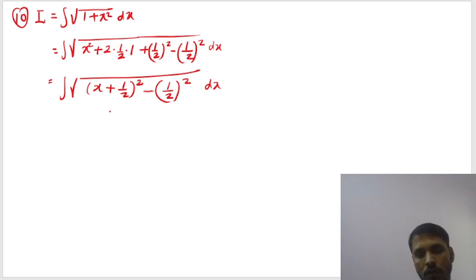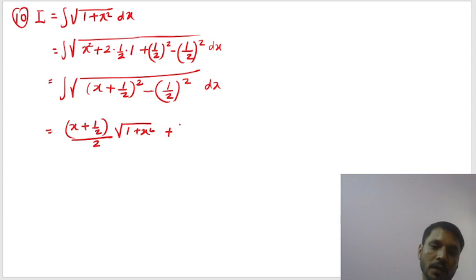So finally you can see it is x square minus a square. So answer will be x by 2, so (x plus 1 by 2) by 2 and then the given question, that means 1 plus this, and here minus sign is there.